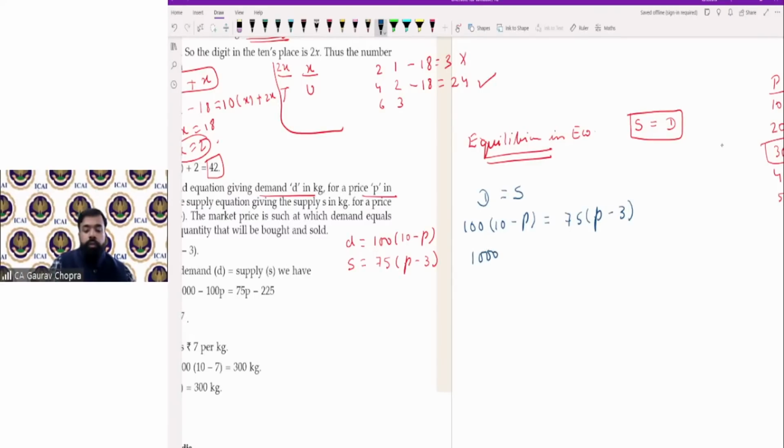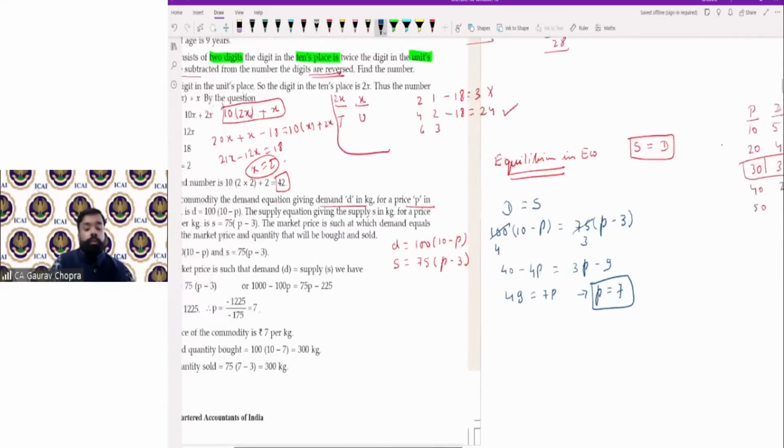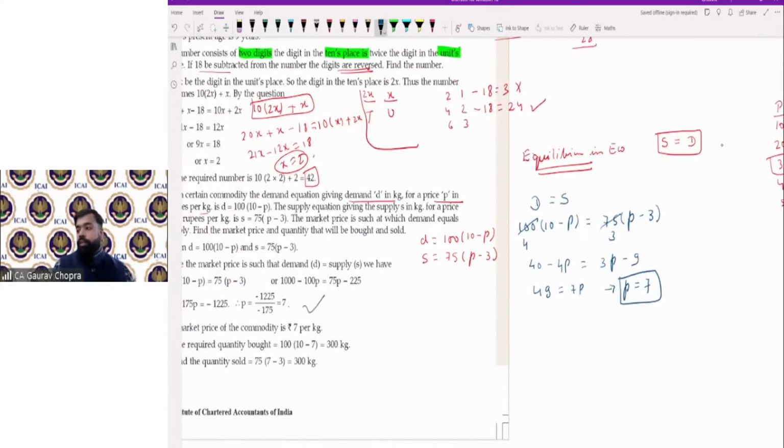You can cancel first 100 and 75. It will be cancelled 3 and then 4. So now 40 minus 4p is equal to 3p minus 9. So what we are getting, 49 equal to 7p. Therefore, value of p will be 7. So from here you can get price is equal to 7.